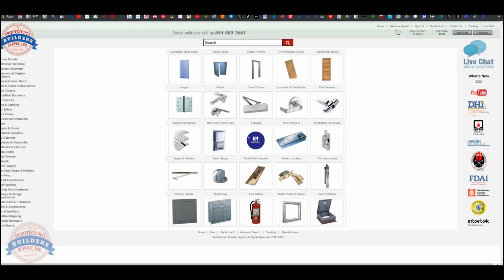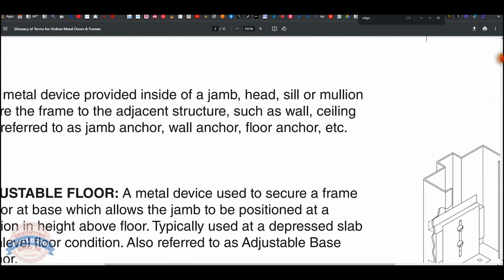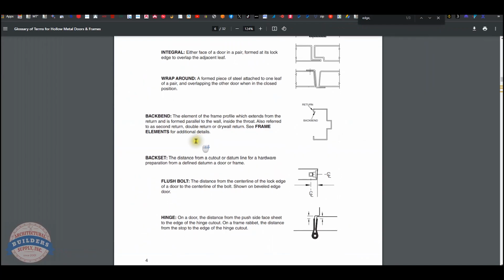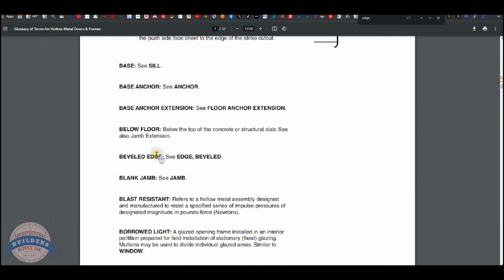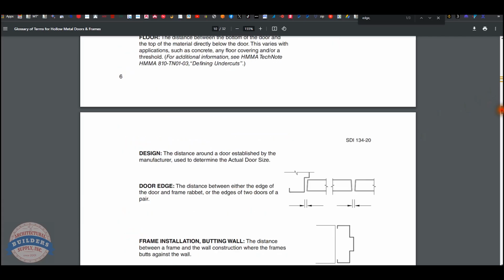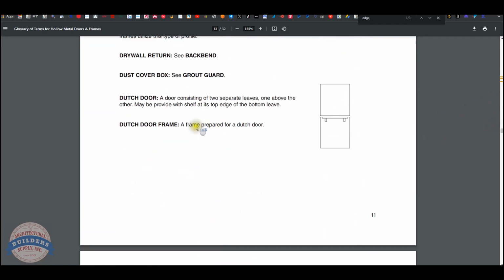Okay, let's dive into the definition, and what we have is our beveled edge definition. We are under beveled edge, C, edge, beveled. So we're going to go down to the E's for edge, and then there'll be basically a bullet point, I think, for beveled.